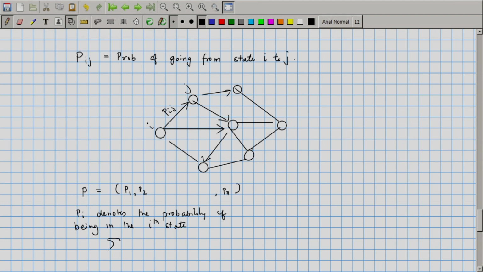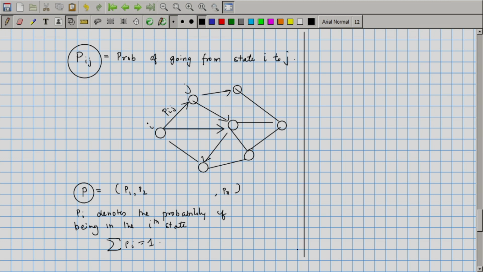So, clearly summation over i of pi is going to be equal to 1. Here we are abusing notation a little bit: we are using the letter P for the matrix and small p for the vector. When we write Pij, there are two indices. When we write pi, it has just one index.